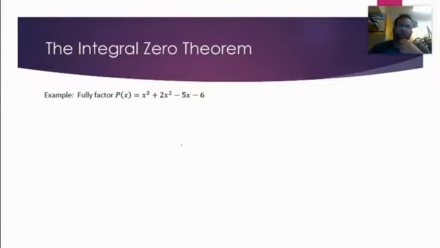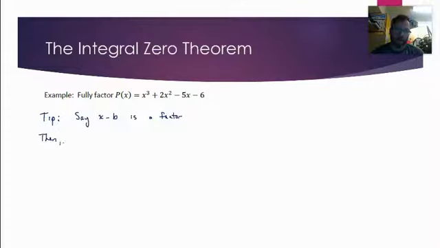So this is where the integral zero theorem comes in. This is just a helpful tip for you guys. So on the space here to the left, I'm going to develop a little tip for you guys. So I'll just say tip. I think that's on your sheet. But let's say that we have some binomial factor, x minus b is a factor, right?